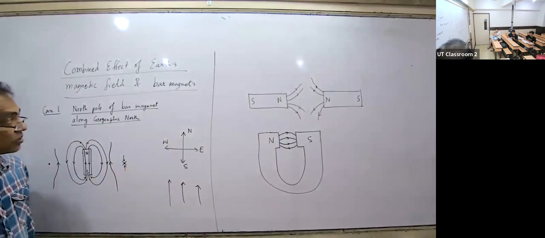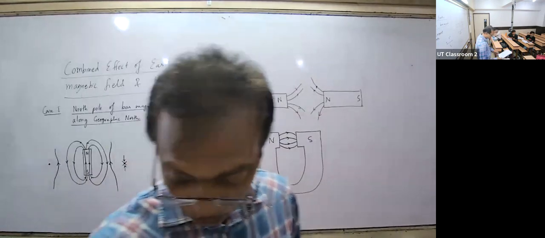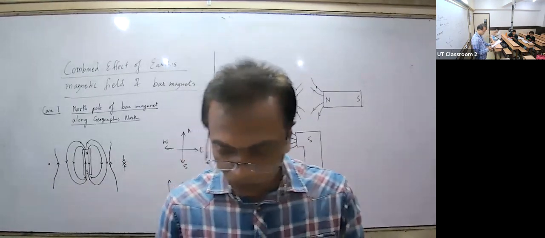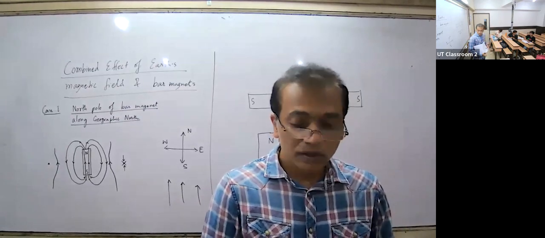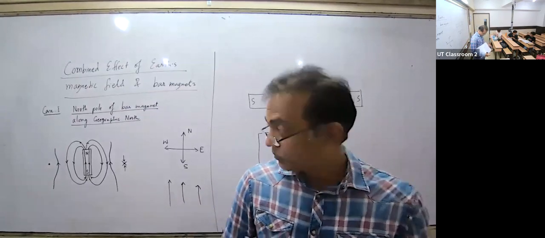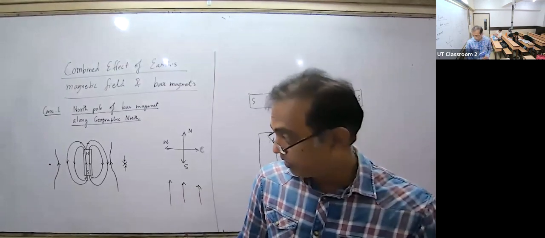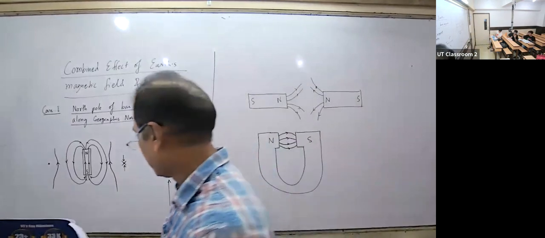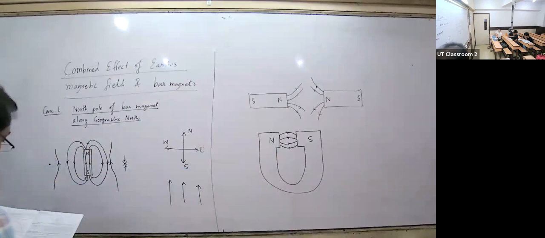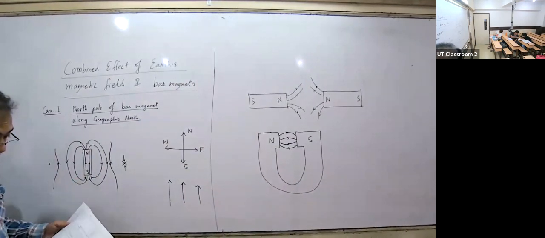Got it? So when the north pole of the magnet is... you see this diagram. So how is the magnetic field now? Just draw the field the way it is drawn in the book. Only the loop is on the side, right?